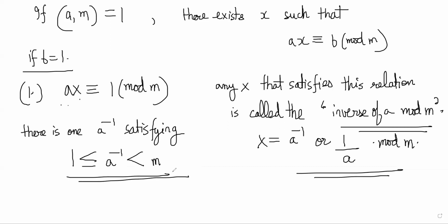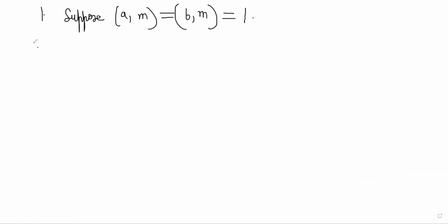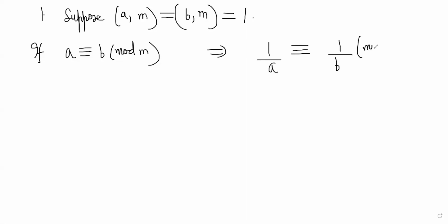So the inverse mod m has some nice properties that we'll be using later. So let's list down some of these properties. Suppose a and m have GCD 1, similarly b and m are also co-prime to each other. Then if a is congruent to b mod m, it implies that 1 by a or a inverse is also congruent to 1 by b mod m.